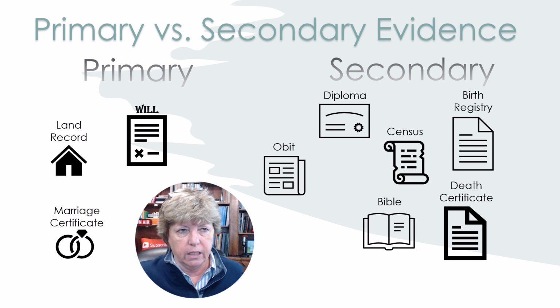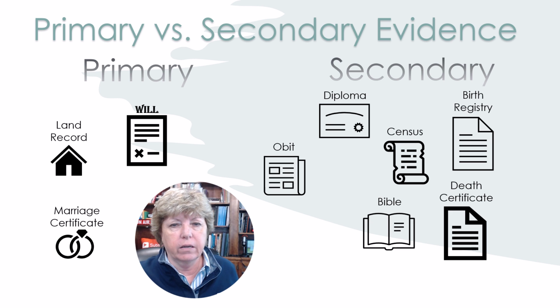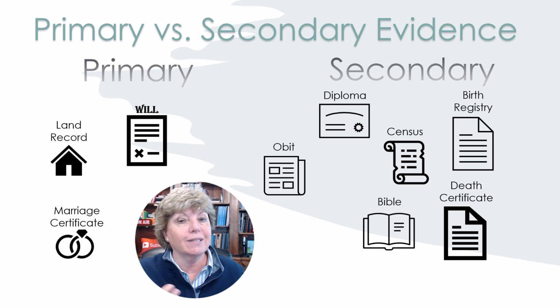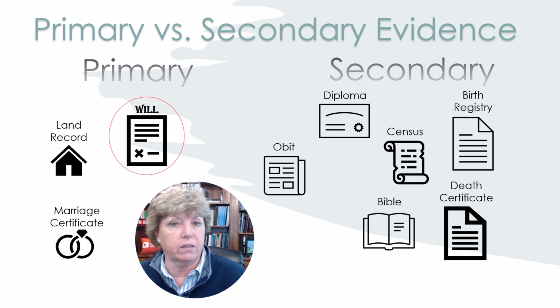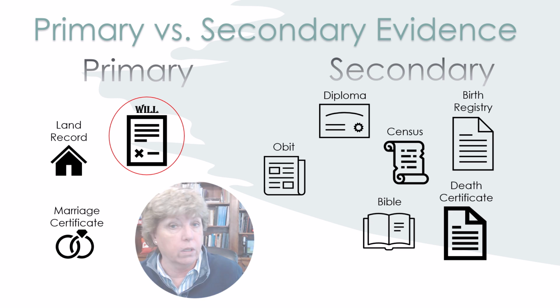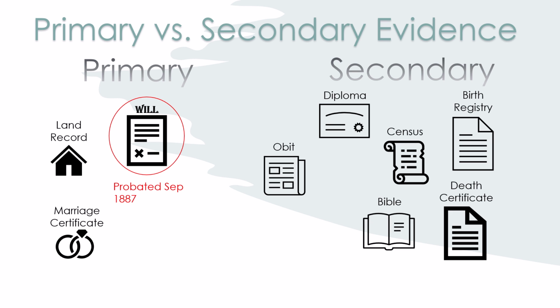So again, we've taken our evidence and placed some of it under the primary bucket and some of it under the secondary bucket. Really, the only things that matter here with regard to the death are just a few specific files. We have a will, and it is probated September 1887, but that is not the death date. It just says that the person is deceased and does not provide a death date.